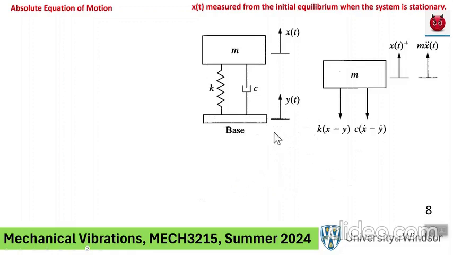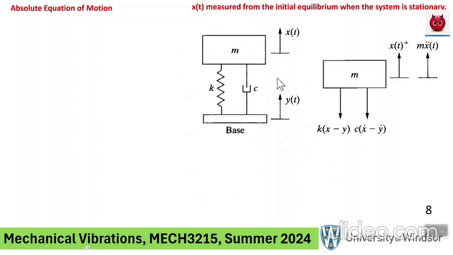So when it comes to measuring x, remember, x can be measured from when this base is stationary. Think about it like this. When the base is not moving, just literally hang on to it, obviously this mass is going to settle down to a location. That location we call the equilibrium position. Now, you can measure x from that equilibrium position, and that's what we have been doing in the past.